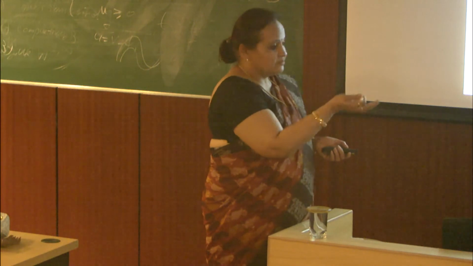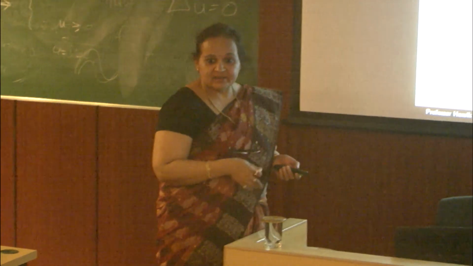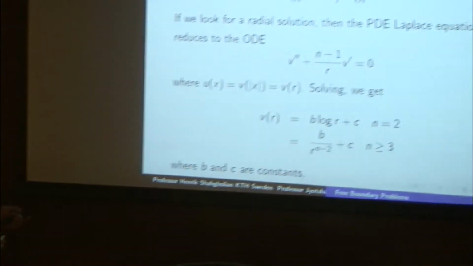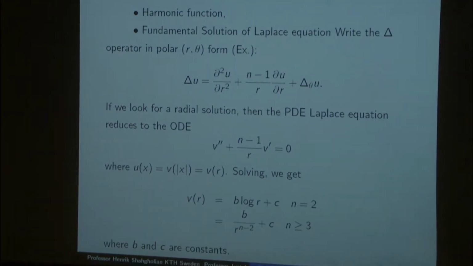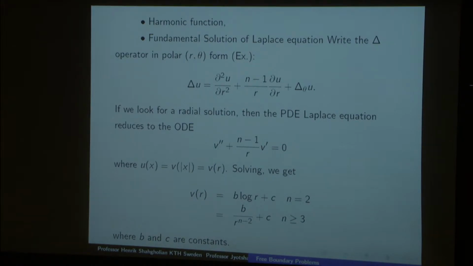So we come back to this thing about fundamental solution, and here again I have just written it heuristically. This one I think is usually given as an exercise in MSc class: write the polar form of the Laplace operator. I think we do it for Rn.